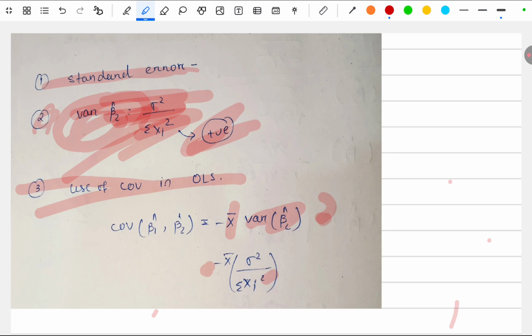If x bar is positive, as the formula shows, the covariance is negative.